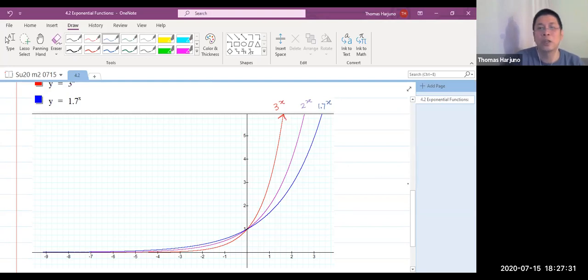Okay, so you see important things: in any case, the y-intercept is (0, 1), and in any case, no x-intercept. In any base, the domain is all real numbers.